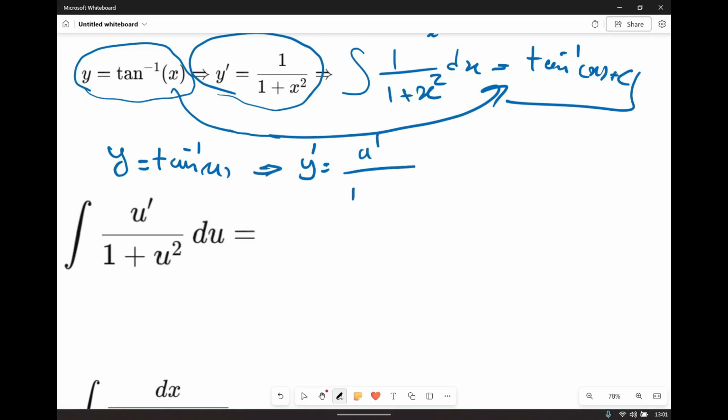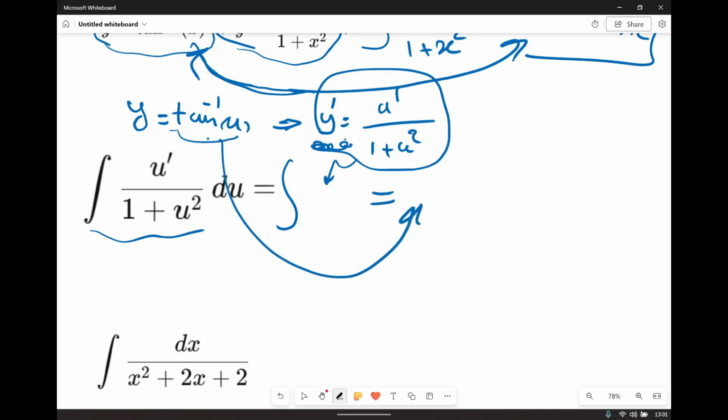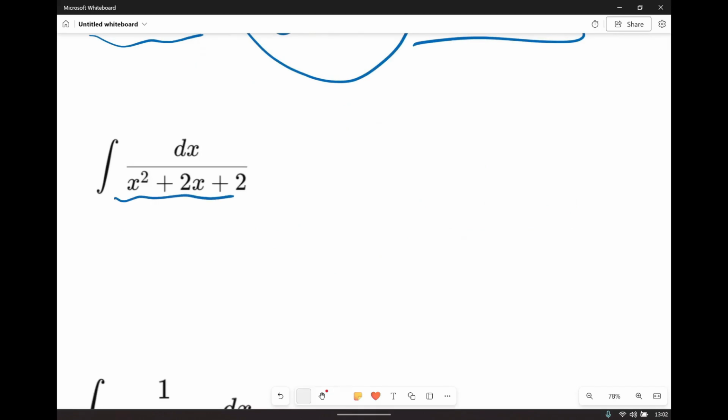It's u prime over 1 plus u^2, and this is the general form of the previous one. So this question is simple, because the derivative of this function is this. Therefore, if we take this function, the integral is tangent inverse u plus c. Okay, what's your idea about this?